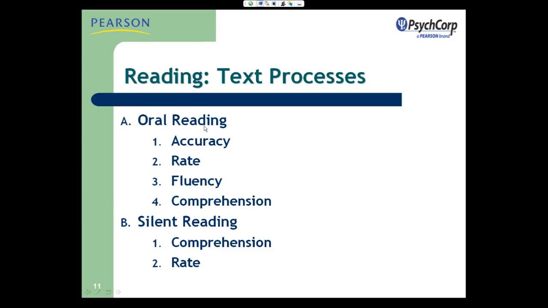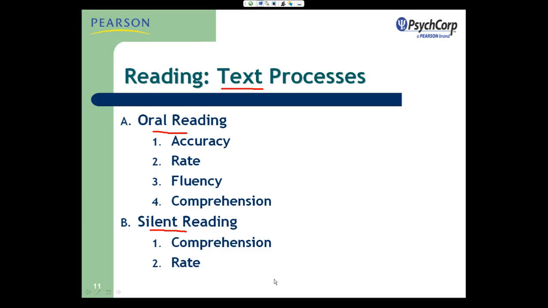So certainly if you think about reading in terms of development in a curriculum, ultimately, this is our goal. We want individuals to be able to read connected text and to gain knowledge or to learn from what they're reading. And typically when you're thinking about reading at the text level, we start out with the oral reading, but ultimately what we want is that silent reading fluency to which I referred earlier.